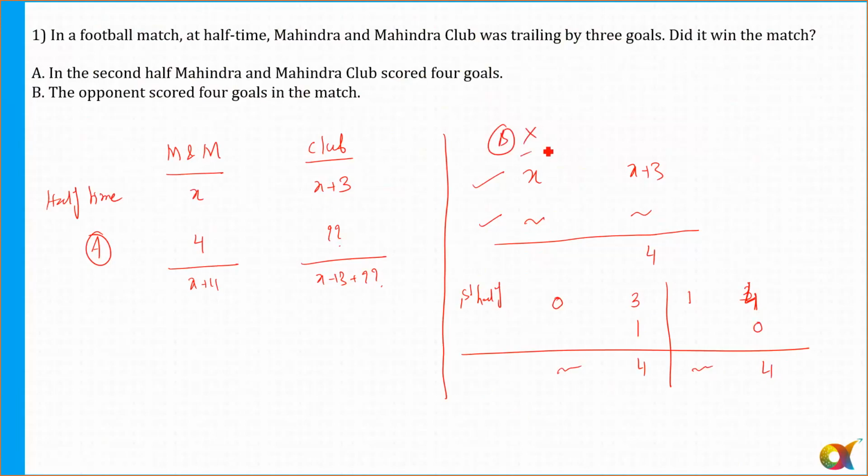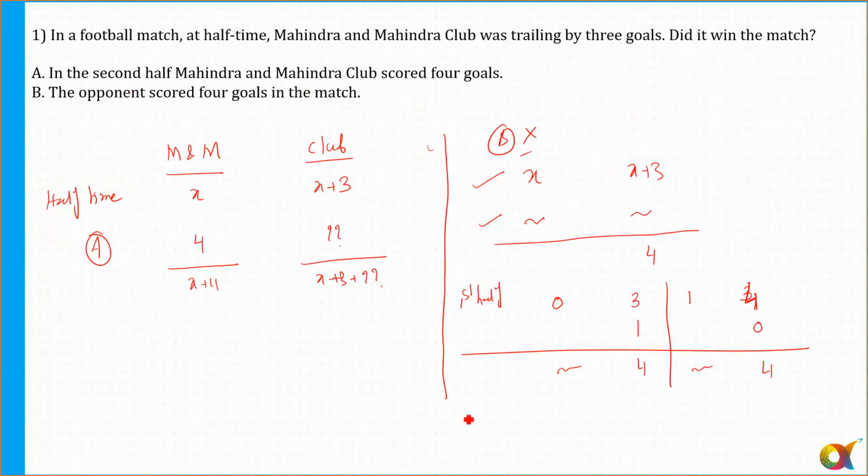So statement A is individually not sufficient, statement B is individually not sufficient. Then what to do? Then I need to combine these 2 statements. From statement B we have got 2 different possibilities, and statement A says that in the second half, Mahindra and Mahindra scored 4 goals.